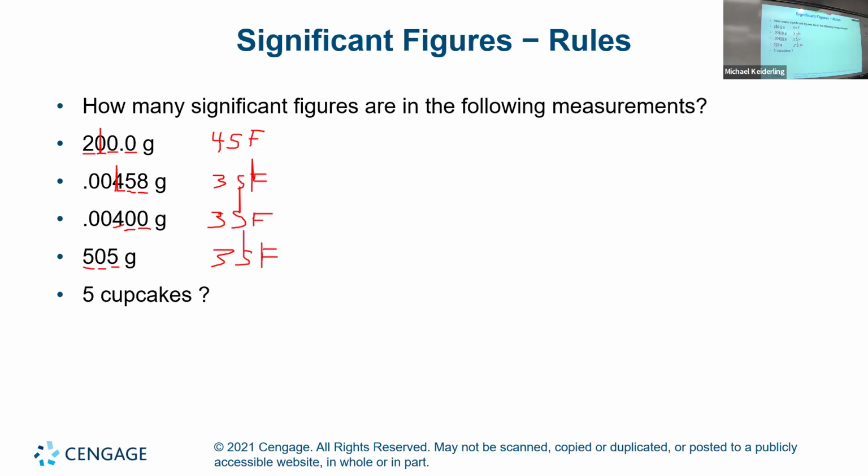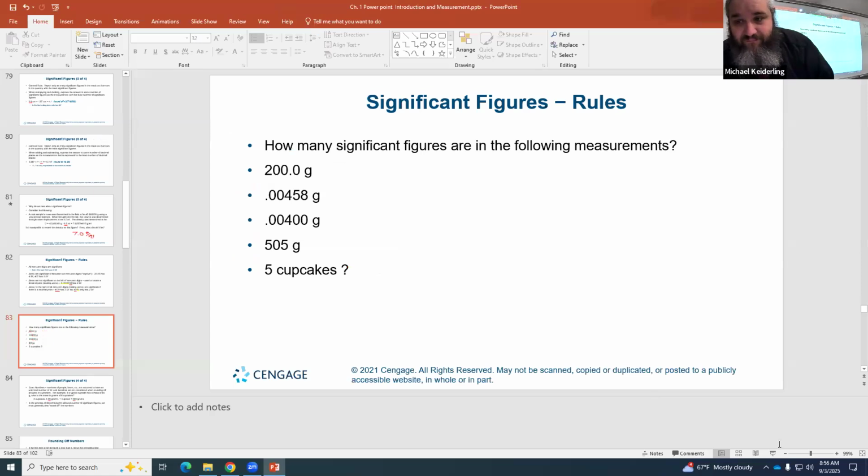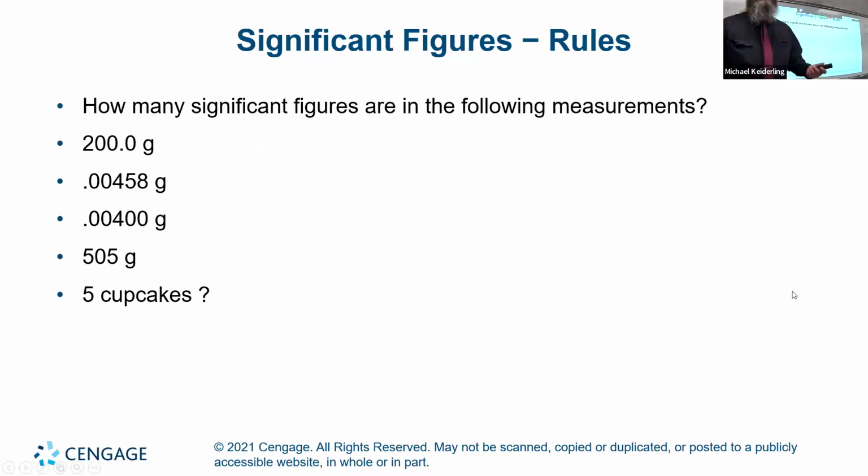I should clear these. In fact, let me do that, and I'll go over these real quick. So let's go over how many significant figures are in the following measurements. 200.0 grams. How many significant figures do you think that has?